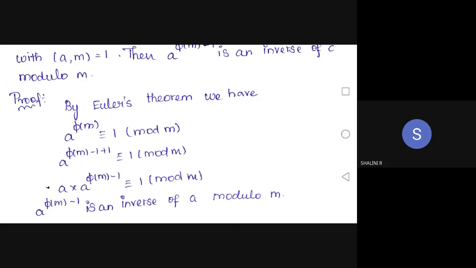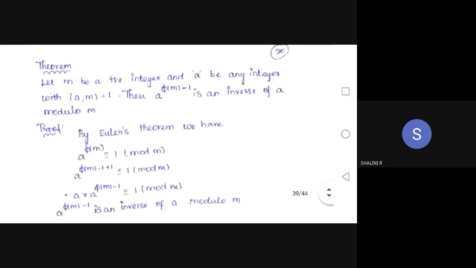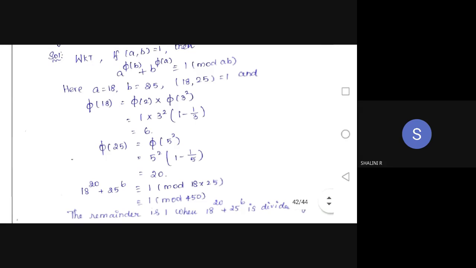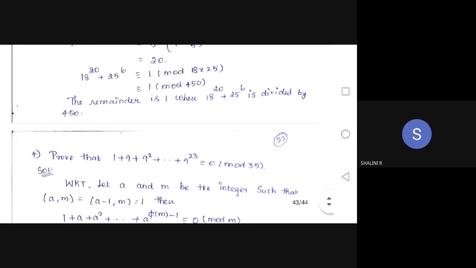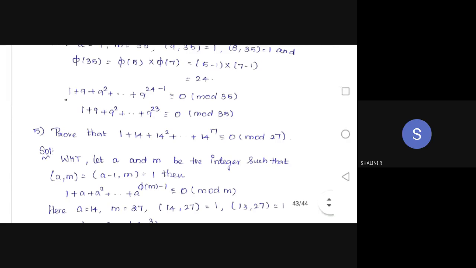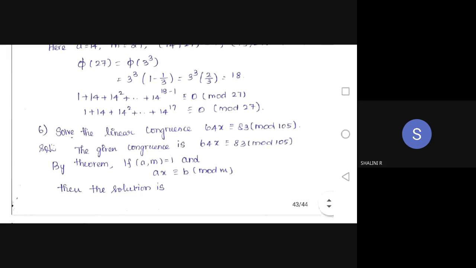Okay. So you have to remember this theorem. So look at this problem.